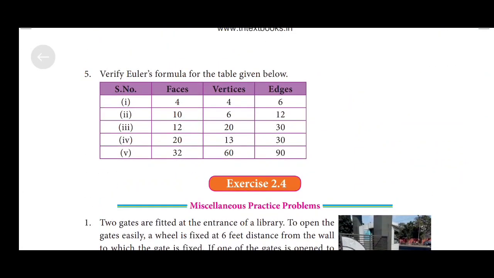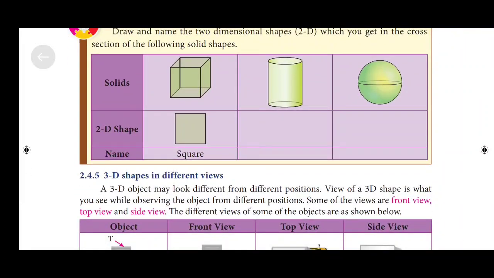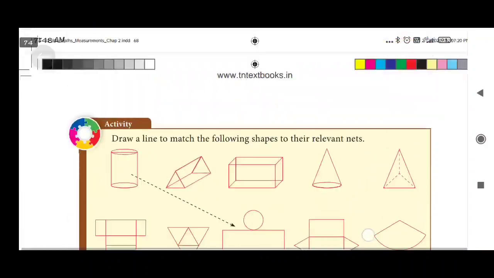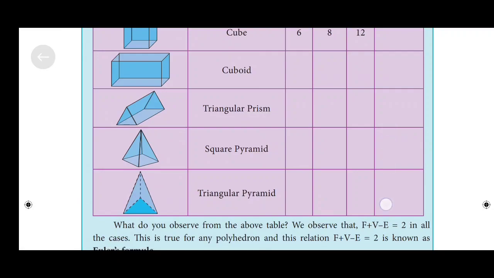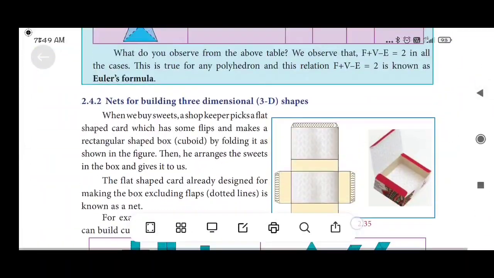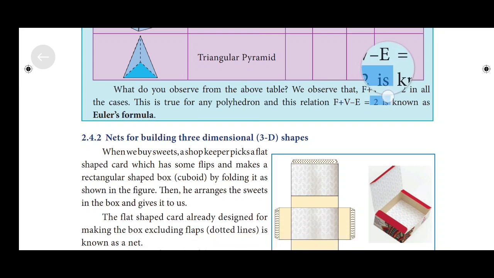Verify Euler's formula for the table given below. So what is Euler's formula? Here itself I have told you, you should find who is Euler. So here we have seen the Euler formula. So you go through this one. We observe that F plus V minus E equals 2. F is what? Faces, V is vertices, and E is what?